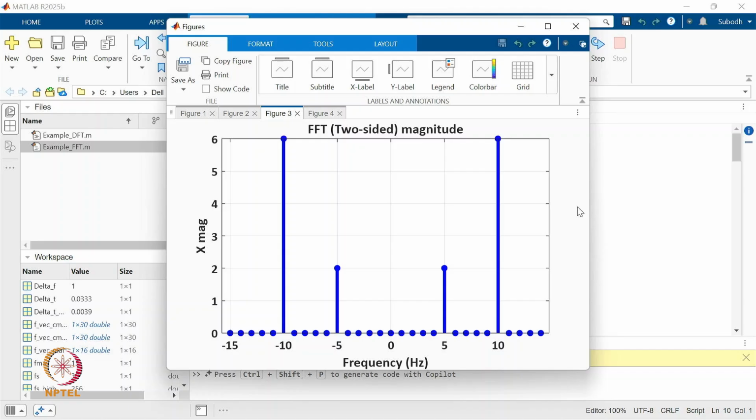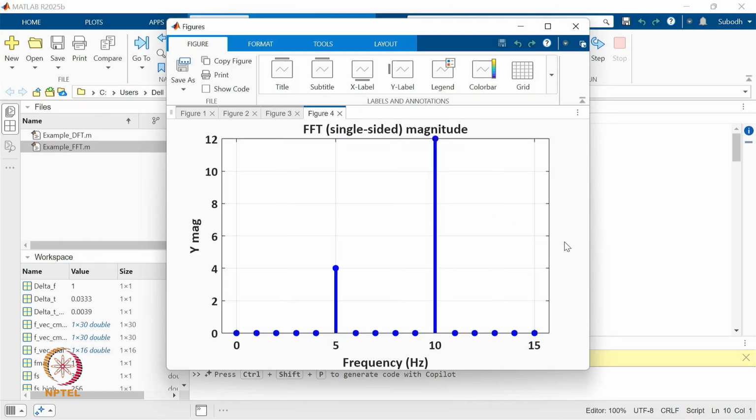The results are the same, so they need not be explained anymore. And this is the single sided FFT, which is again exactly the same as what we got with our code, and this also correctly predicts the frequency and amplitude of the frequency components that were there in the given signal. So this completes the solution of example 4 as well.